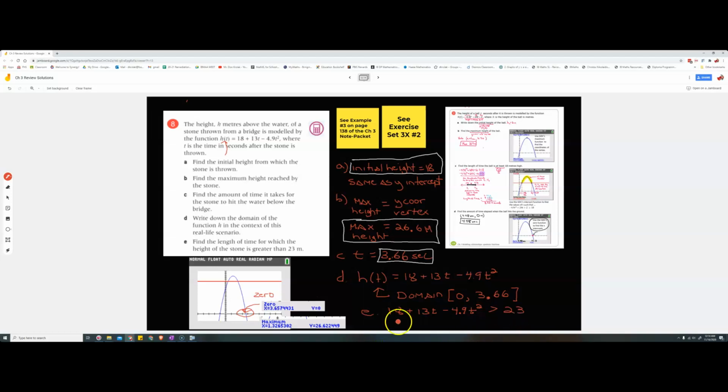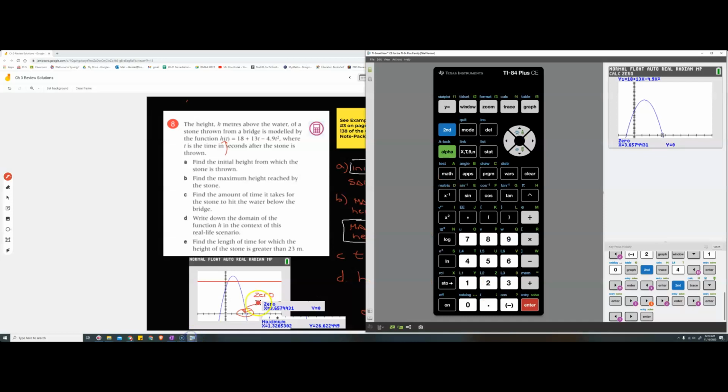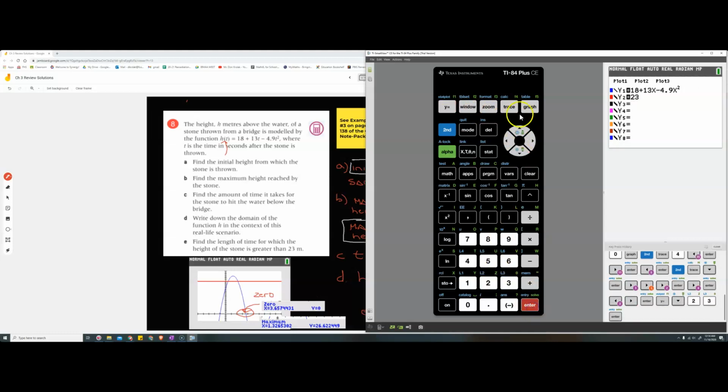So to do that on our calculator, one way to do it is to draw a horizontal line at 23 meters and see where it crosses. So I'm going to go to y equals, go down to y2 and put in 23. Okay, and we'll graph that and we get that intersection. Now what we want to find is what's the x value of this intersection.